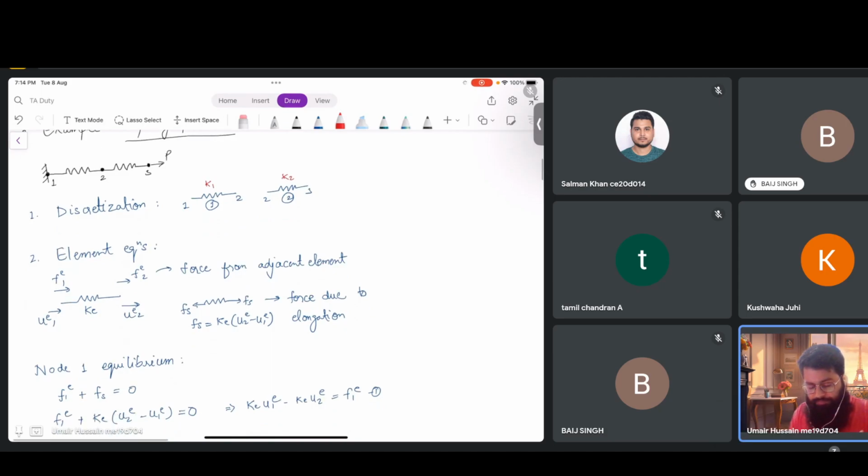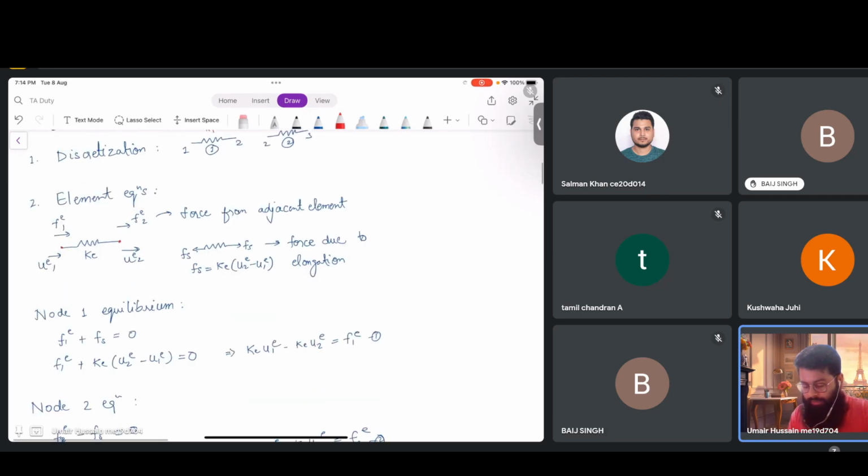The next step is to get the element level equations for each element. Here we do a simple balance of force. Each element will have two nodes, and at each node there are two forces. First is the force due to elongation in the spring, that is Fs, and second is the force from the neighboring elements.